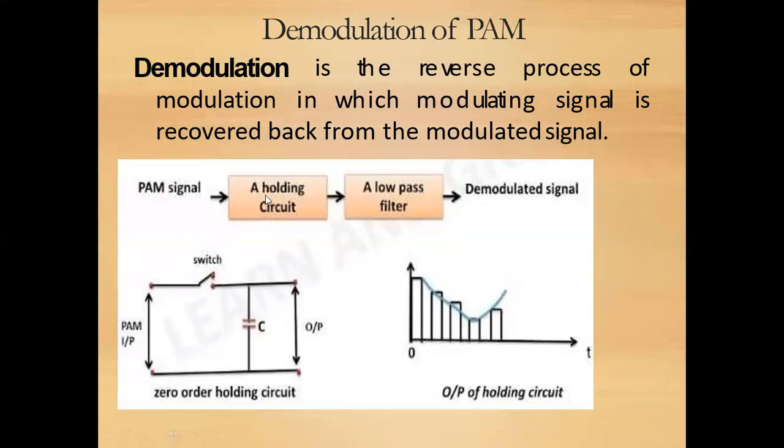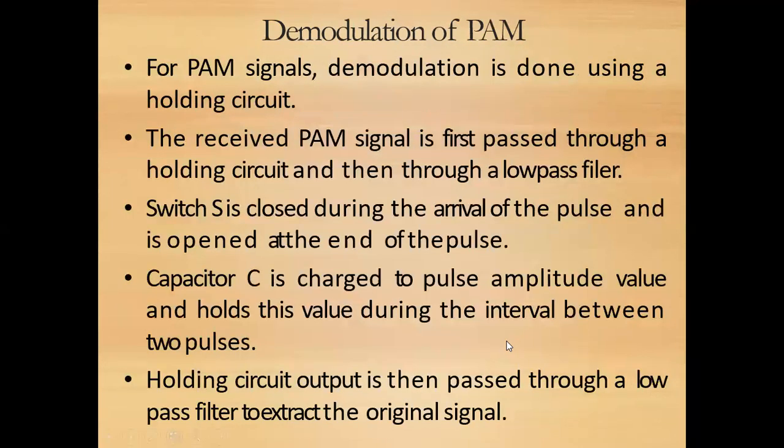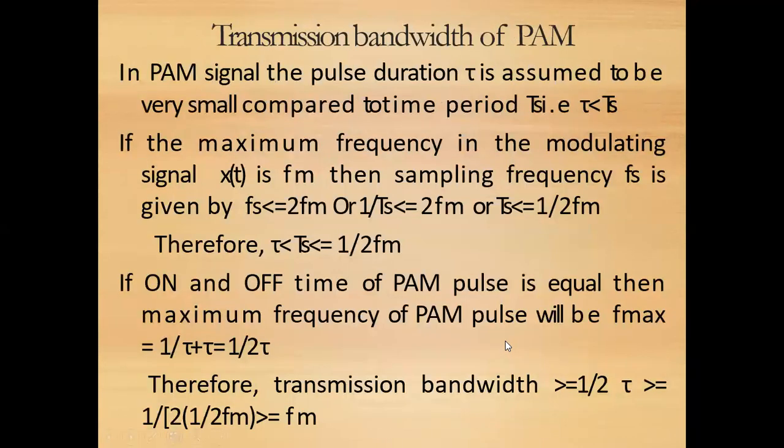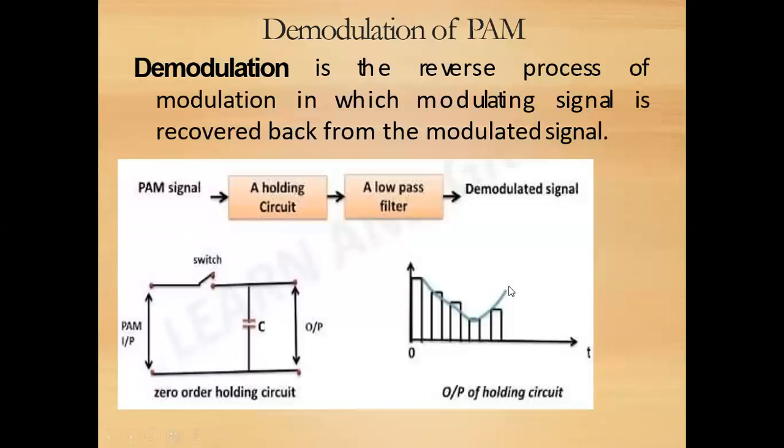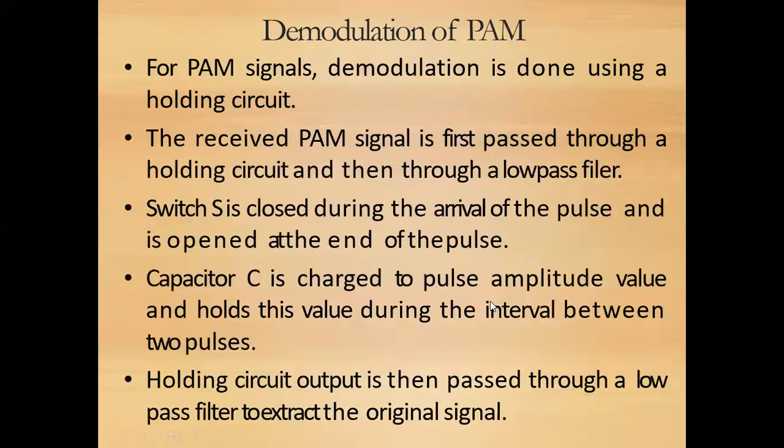The holding circuit consists of a switch as well as a capacitor C. So here we can recover our original message signal from these peak amplitudes. Due to the capacitor charging and discharging, if you join the peak amplitudes, the output will look like the input message signal, so that we can obtain our output, that is nothing but the modulating signal.